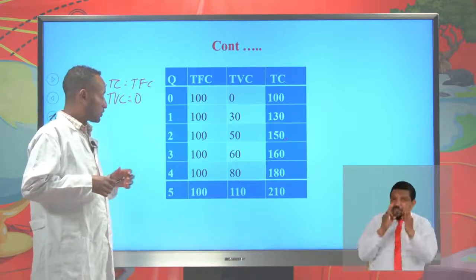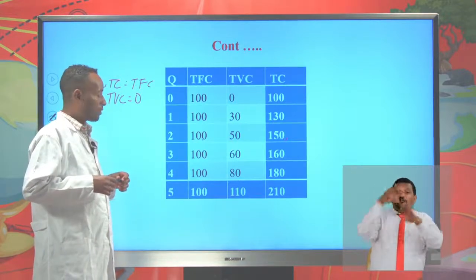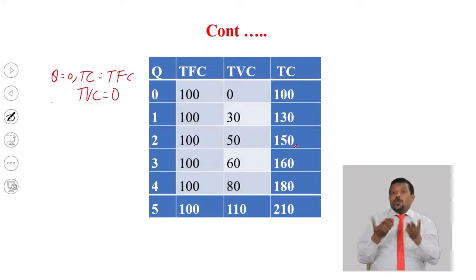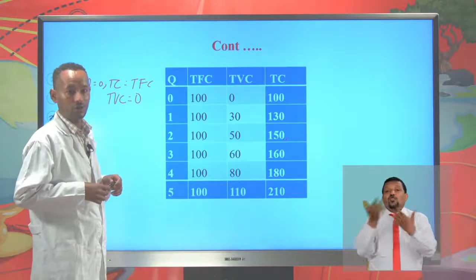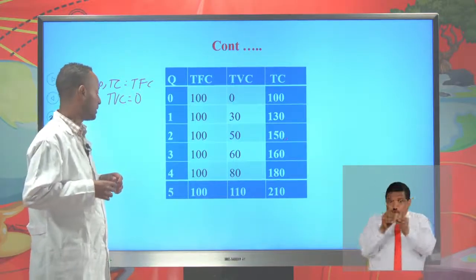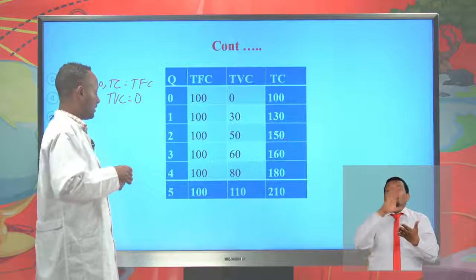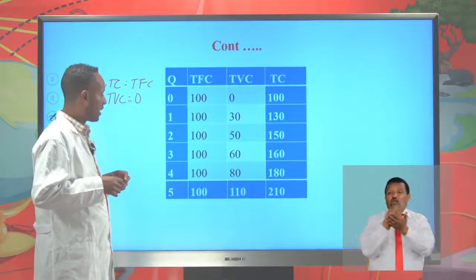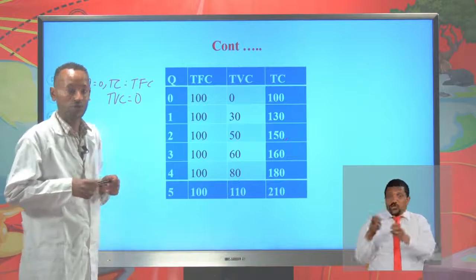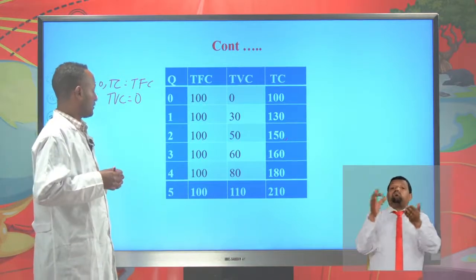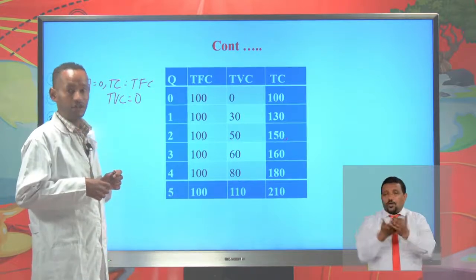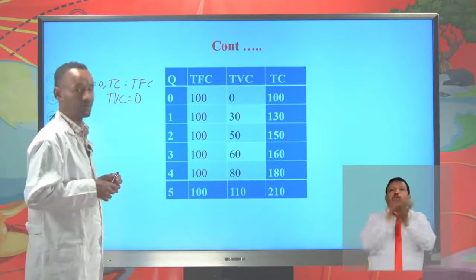If the total fixed cost of 4 units is 100 birr and the total variable cost of production of 4 units is 80 birr, then the total cost is 180 birr. Finally, if the total fixed cost of producing 5 units is 100 birr and the total variable cost is 110 birr, then the total cost of production is 210 birr.